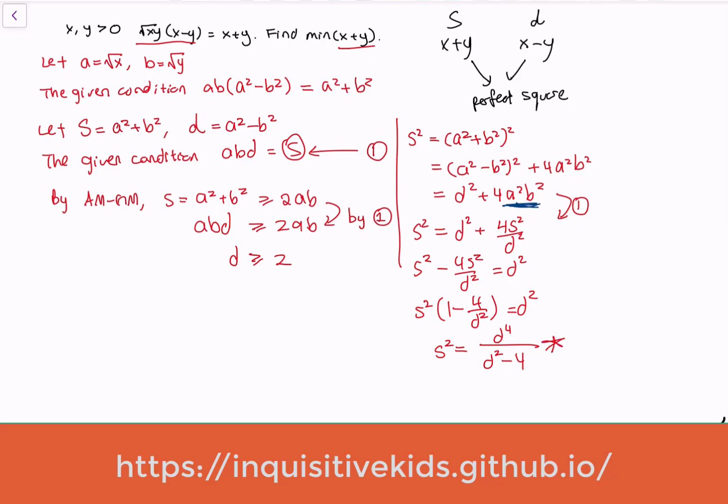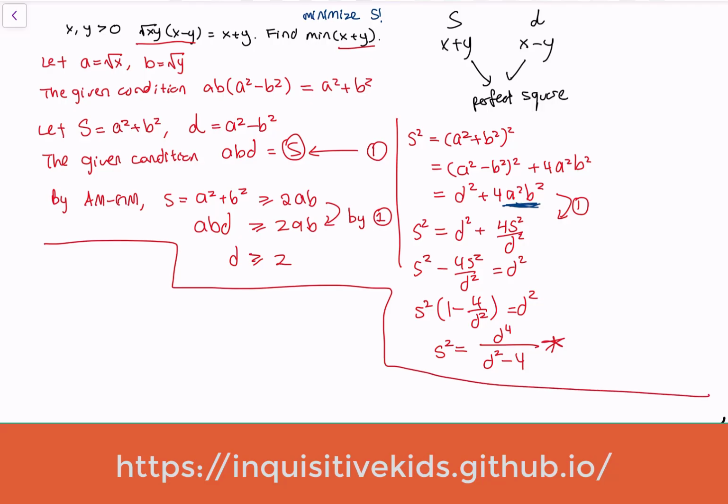Remember, in the end, our final goal would be to minimize S. We have to keep that goal in mind, or else we'll forget what our original purpose is. So if we have S being expressed over here, how can we try to bound it?